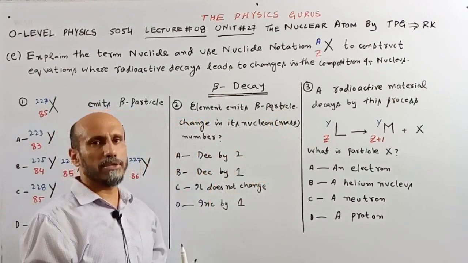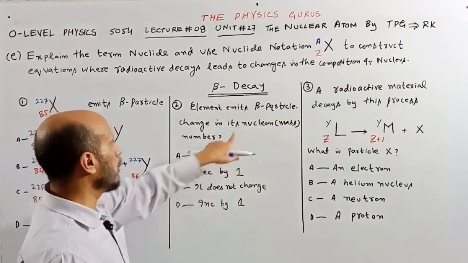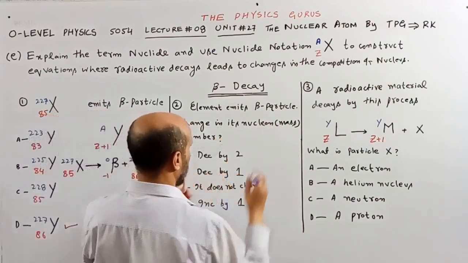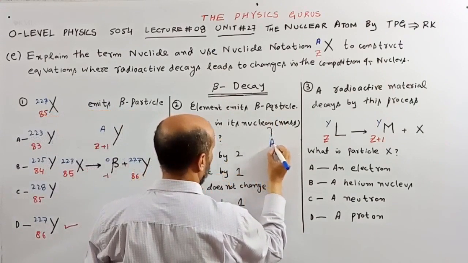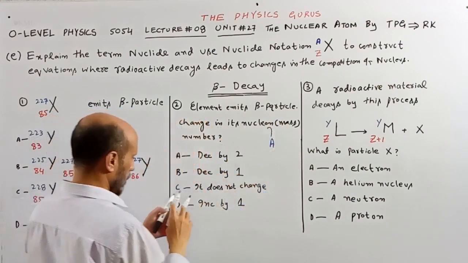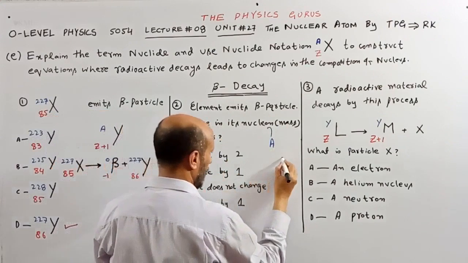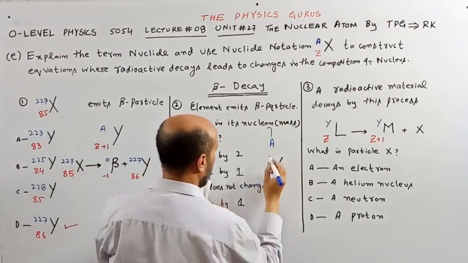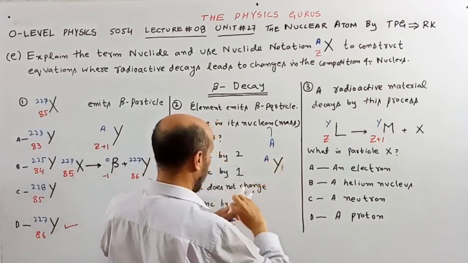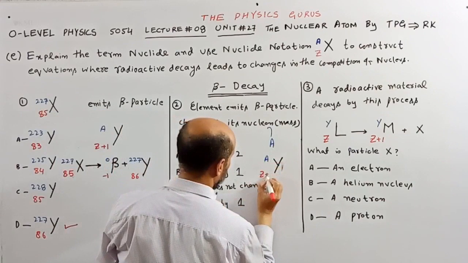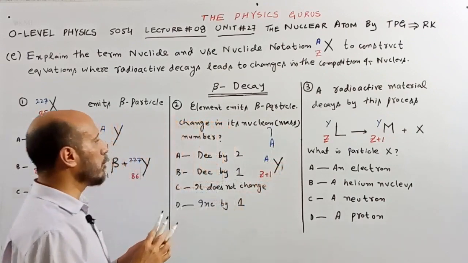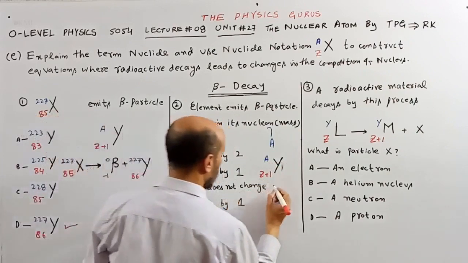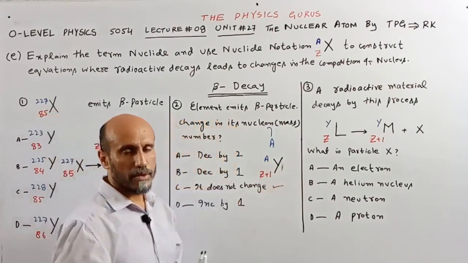Obviously, in case of emission of a beta particle, the nucleon mass number is represented by capital A, and we know that for a newly formed element, the value of A remains as it is. It means that the value of nucleon or mass number does not change. So which option is the correct option? Option C is the correct option.